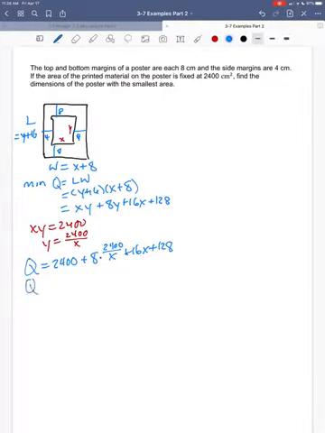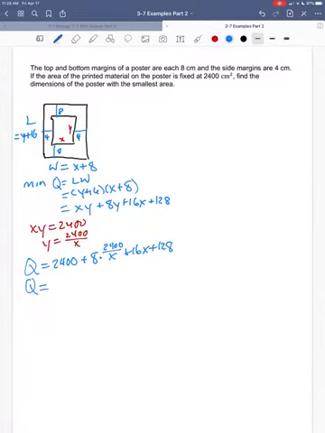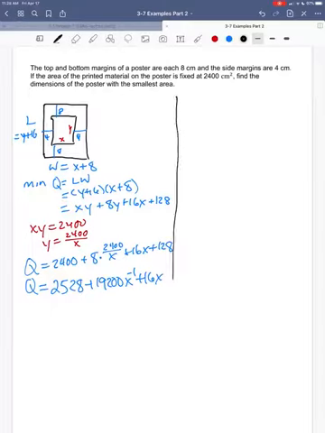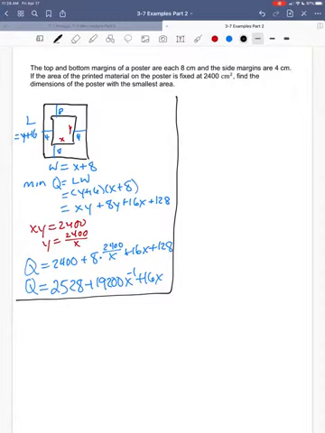So I'm going to get Q equals 2,400 plus 128, which is 2,528, plus 19,200 x to the negative 1, plus 16x. Okay, so that's my function Q, and that's my setup of the problem here. What I'm trying to do then is minimize this value Q.